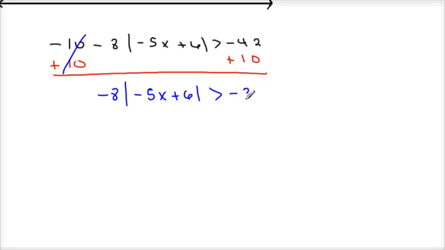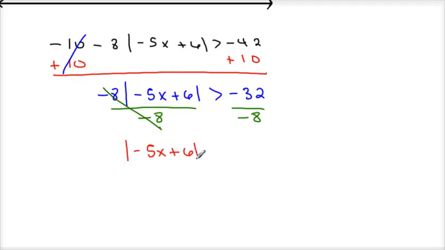I get an answer of negative 32. Let's get rid of the negative 8, so I'm going to divide by negative 8. Again, I'm dividing by a negative number, so let's not forget to flip our sign. So I have the absolute value of negative 5x plus 6, flipping my sign, is now less than, and negative 32 divided by negative 8 is positive 4.